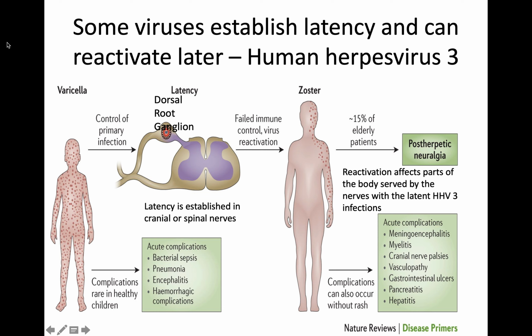So you will see this happen many times in older individuals or individuals with a compromised immune system. And when those are reactivated, they will then form a rash, usually along nerve pathways, and that will be shingles.